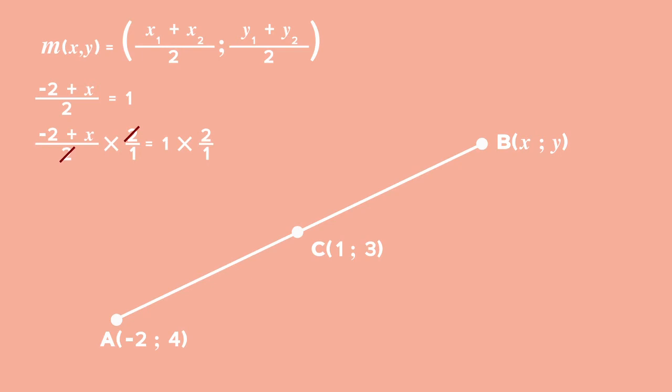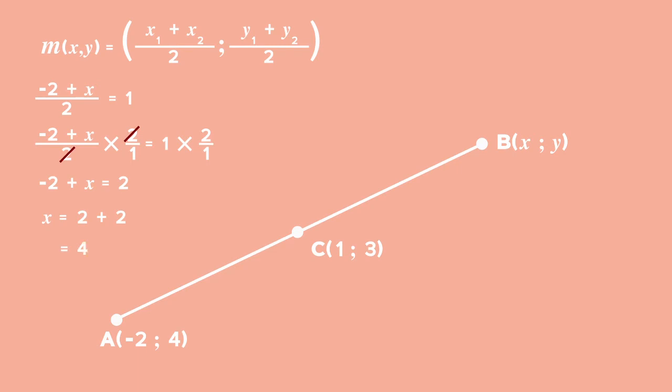Therefore, on the left-hand side, you get -2 plus x, and on the right-hand side, 1 times 2, which is simply 2. We solve the linear equation for x by taking the -2 over to the right-hand side, so it changes from a minus to a plus, basically adding 2 on both sides, and we get x is equal to 4.